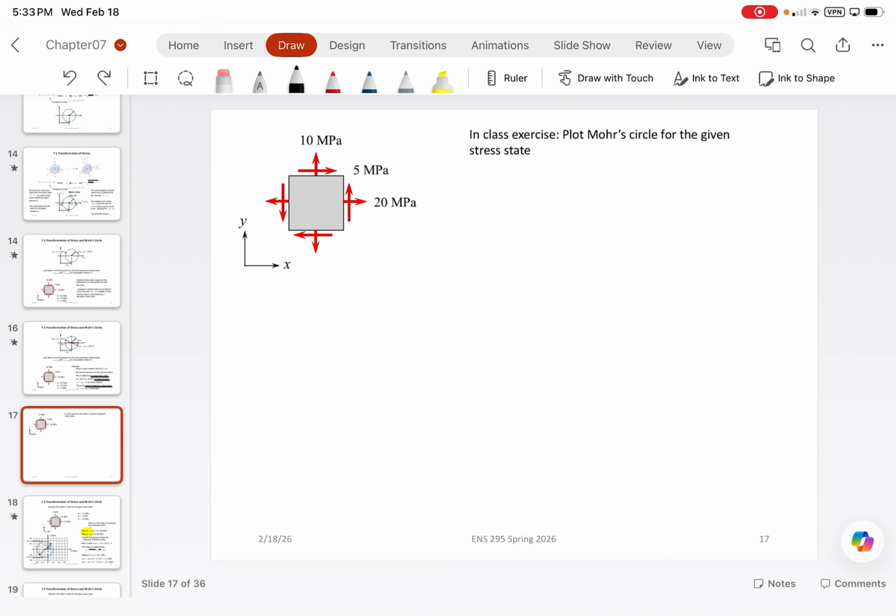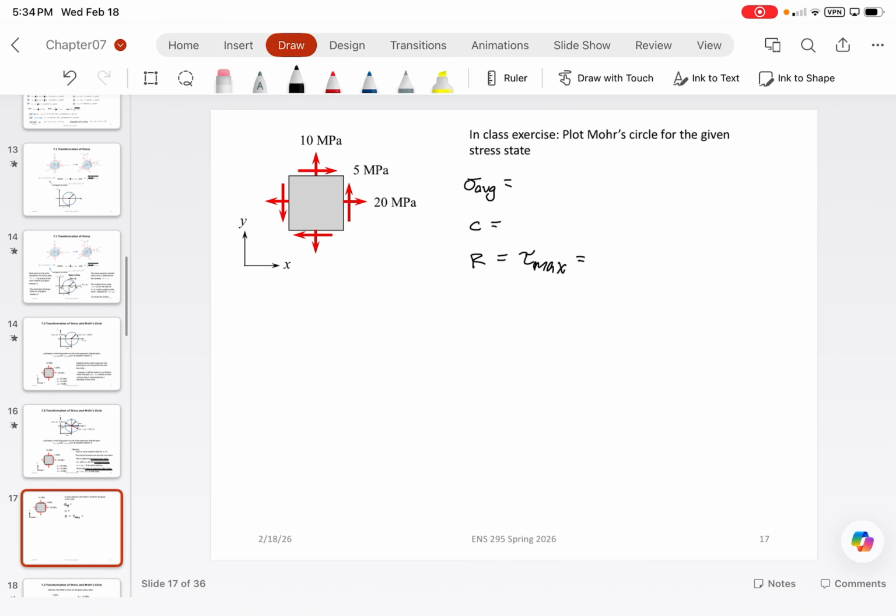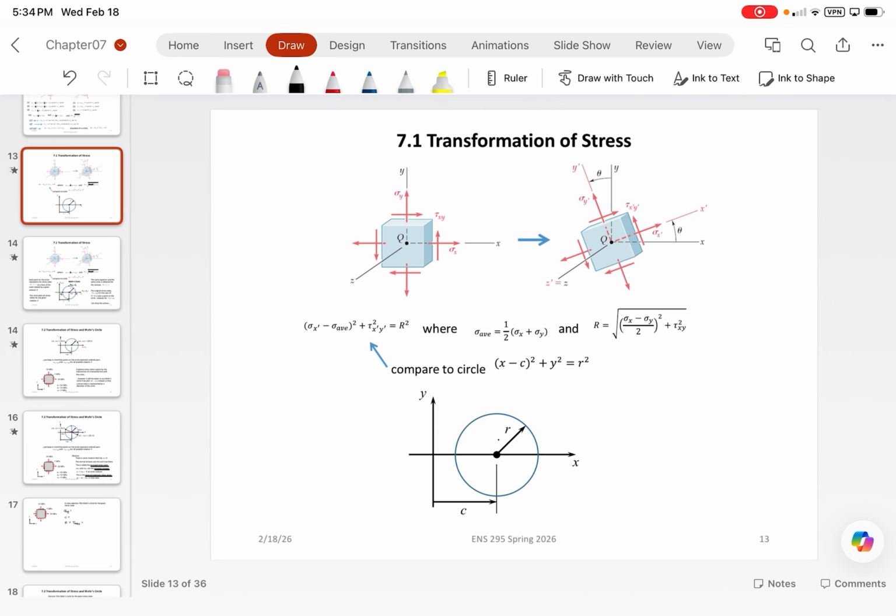So what this requires is first understanding what the average stress is, understanding what the deviatoric stress C is, and then, let's say we wanted to figure out the maximum radius of the circle, which is going to be R, which conveniently is going to equal the maximum shear stress. Because if you guys remember, the maximum shear stress is just going to occur right up here, which is conveniently the radius of the circle.